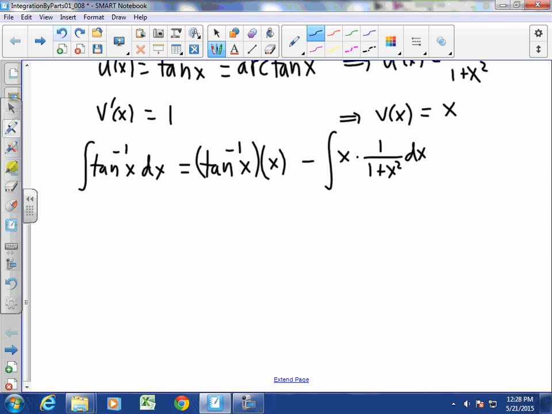So rewriting this, we get x tangent inverse x minus the integral of x over 1 plus x squared dx.